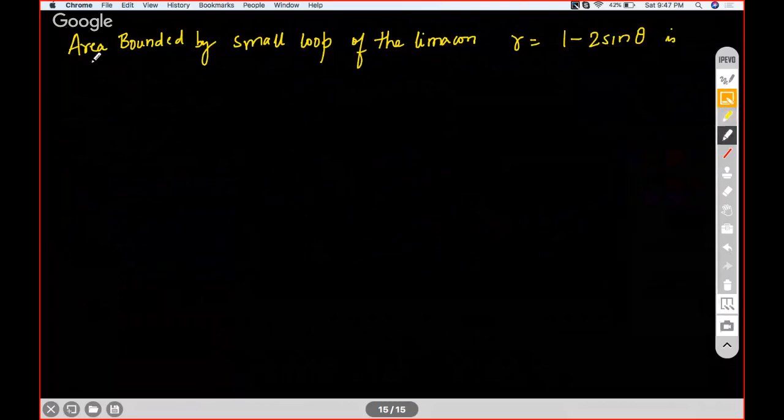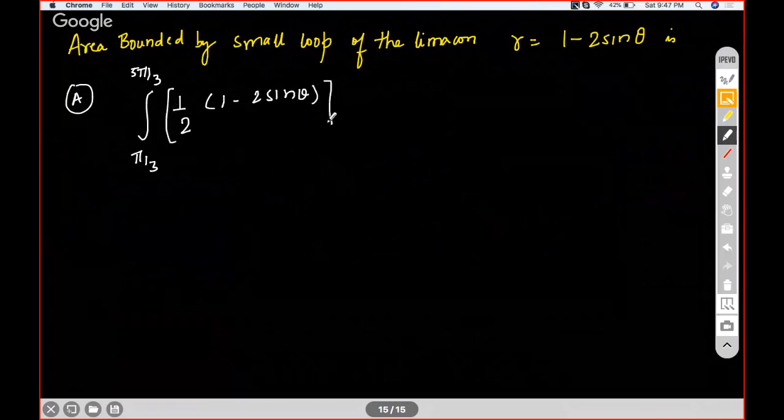You don't have to evaluate it, you just have to find out which expression will give you the answer. Option A: half of the integral of (1 minus 2 sin theta) whole square. Option B is from 7 pi by 6 to 3 pi by 2, (1 minus 2 sin theta) the whole square.